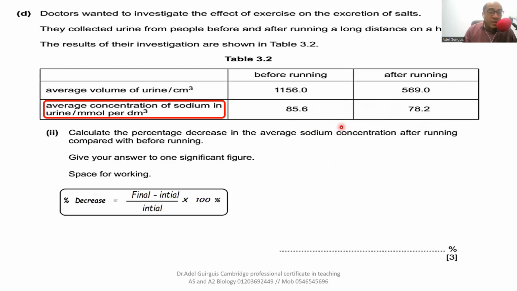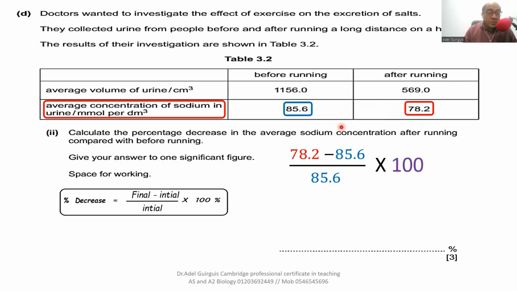Percentage decrease is final minus initial divided by initial. Where is final? This one, after running. Okay. Where is initial? This one, 85.6. So final minus initial divided by initial, times 100. So 78.2 minus 85.6, divided by 85.6, times 100 equals this figure with more decimals.